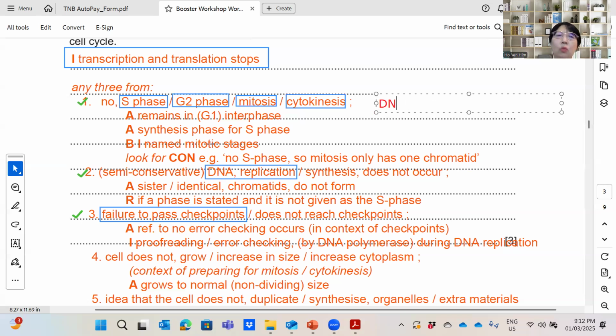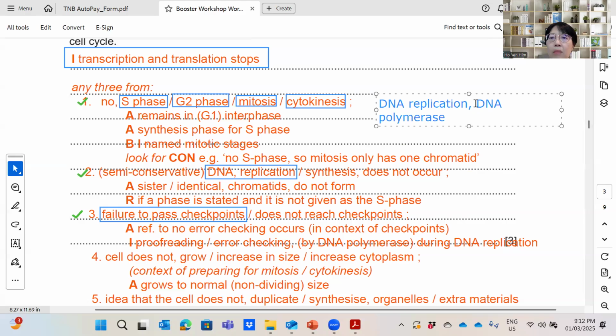During DNA replication, let me use blue color, okay. After DNA polymerase adds the free nucleotides, you form the new polynucleotide strand. So this is called the complementary polynucleotide strand.